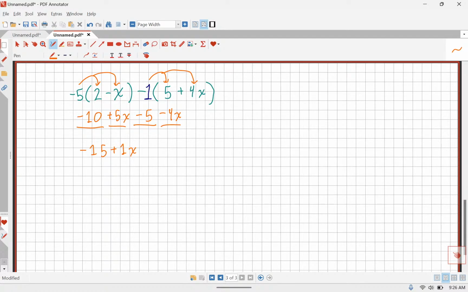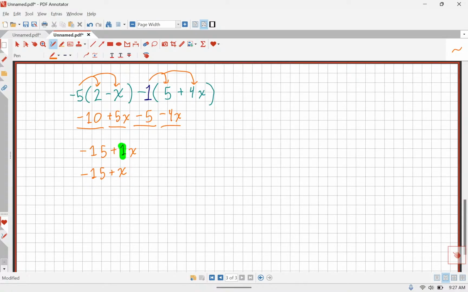Now, I'm going to tell you guys right now, Canvas will not accept this for 2 reasons. Number 1, if there is a 1 next to my variable like this, then that is not simplified. And secretly, that's just negative 15 plus x. The second reason is Canvas wants your constant term to come last.